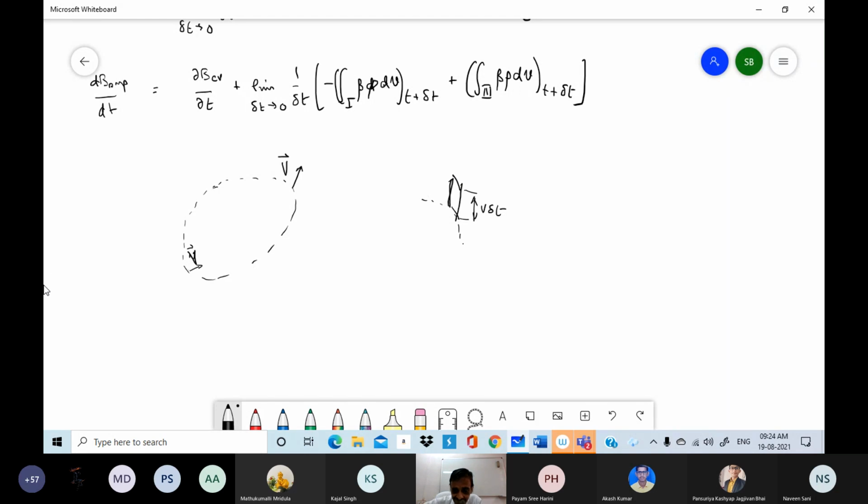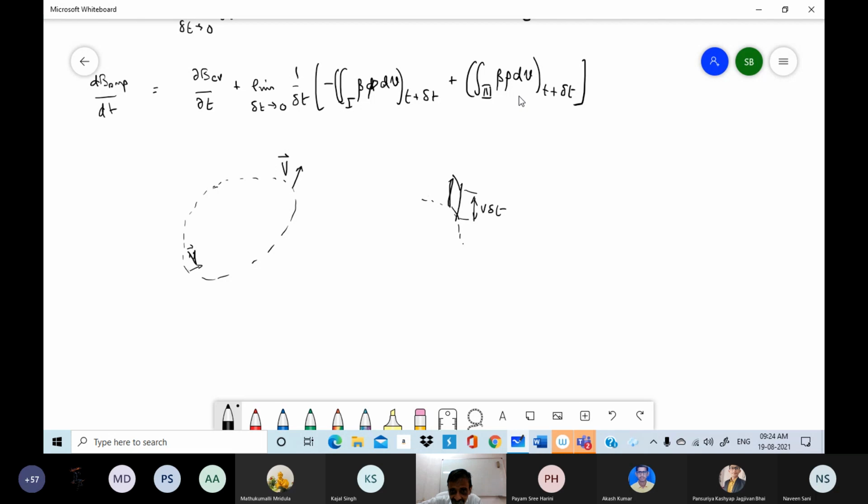So then the rate of change in the system is related to the rate of change in the control volume through these terms, and these terms involve the integral of beta over this region, the region through which the boundary has moved.